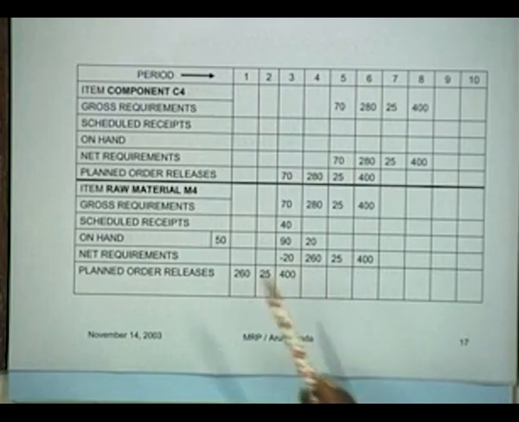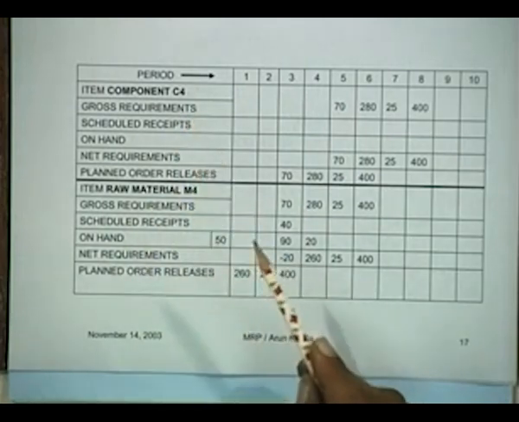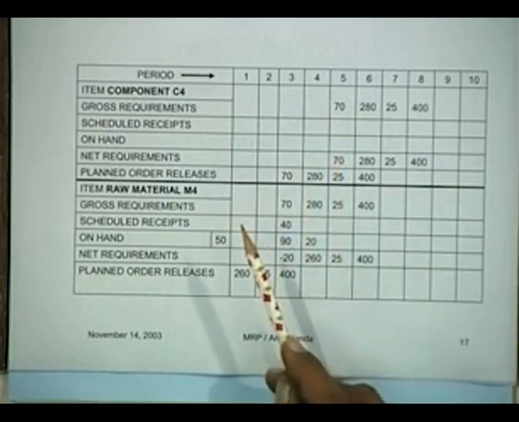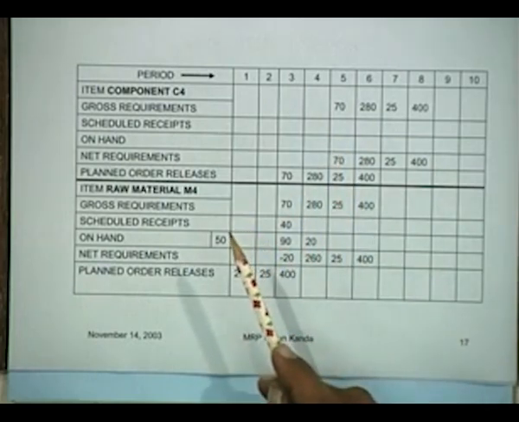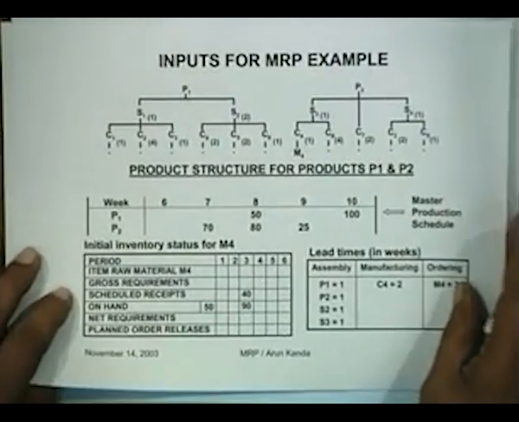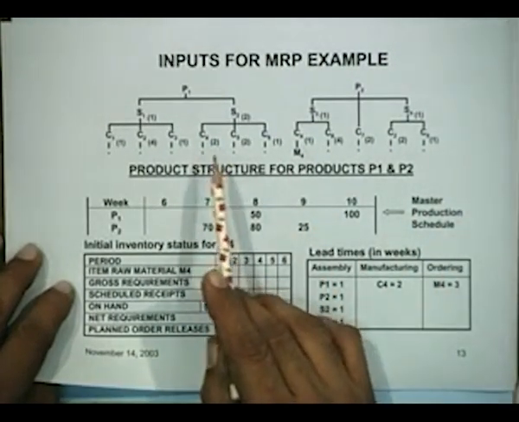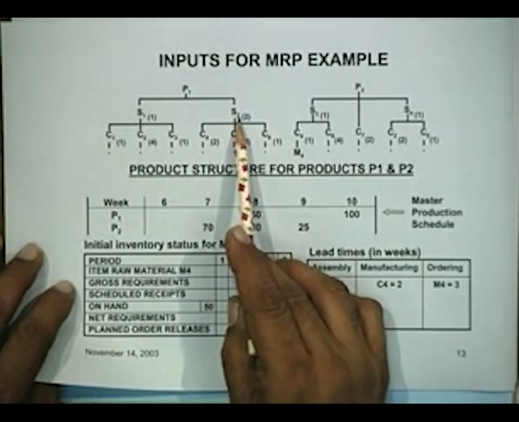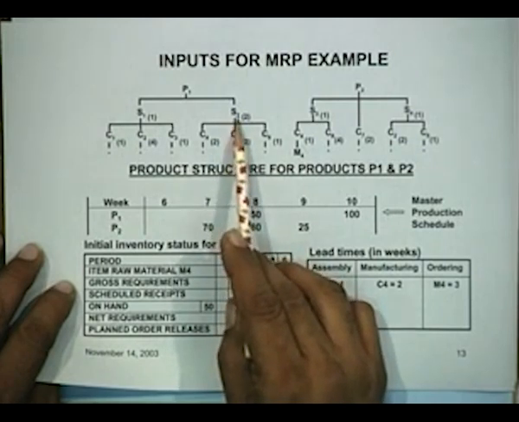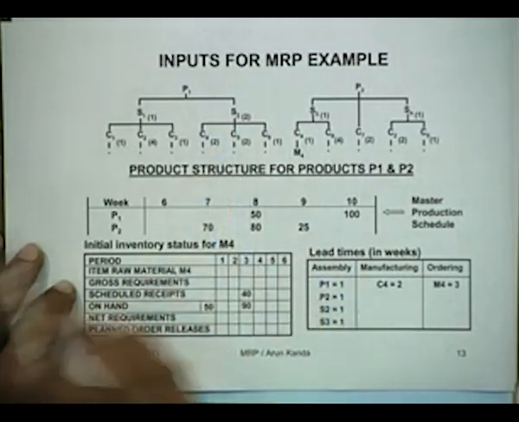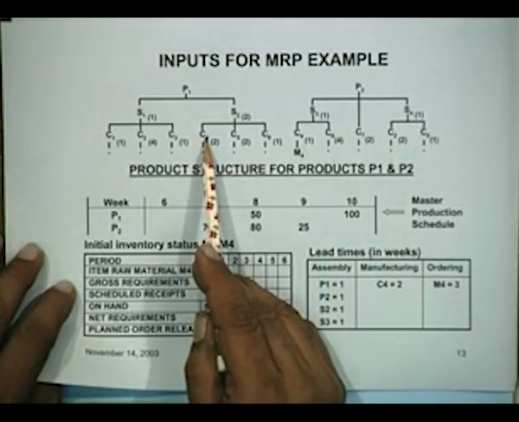So when you are talking about the component C4, this actually indicates the concept of explosion in a much more dramatic form. When we are trying to determine the requirements for C4, what do you see? 2 units of C4 are needed in each assembly S2, right? So we take the requirements for assembly S2 and multiply this with 2 across the periods and we will get the requirement for C4 from here.